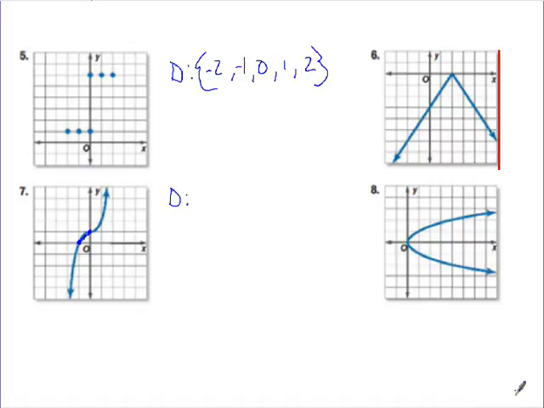When that happens, we say that the domain is all real numbers. Because then we don't just have a list of numbers that make up the x values. The x value could be anything, any number, because this goes forever and ever in both directions. So any number is part of the domain. I'm going to show you a shortcut for writing this.